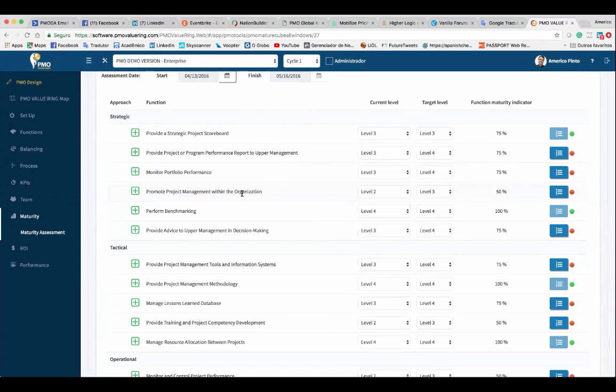The difference from tactical to operational is that tactical functions provide something to a group of projects or to a group of people. For example, when I say that I'm providing project management tools, it's not for one project, it's for a group of projects. So it's tactical.